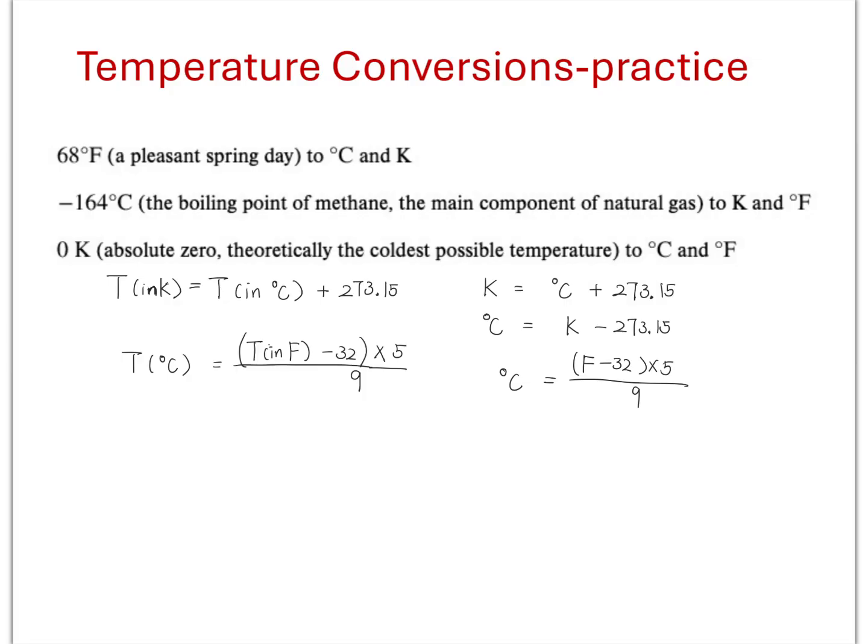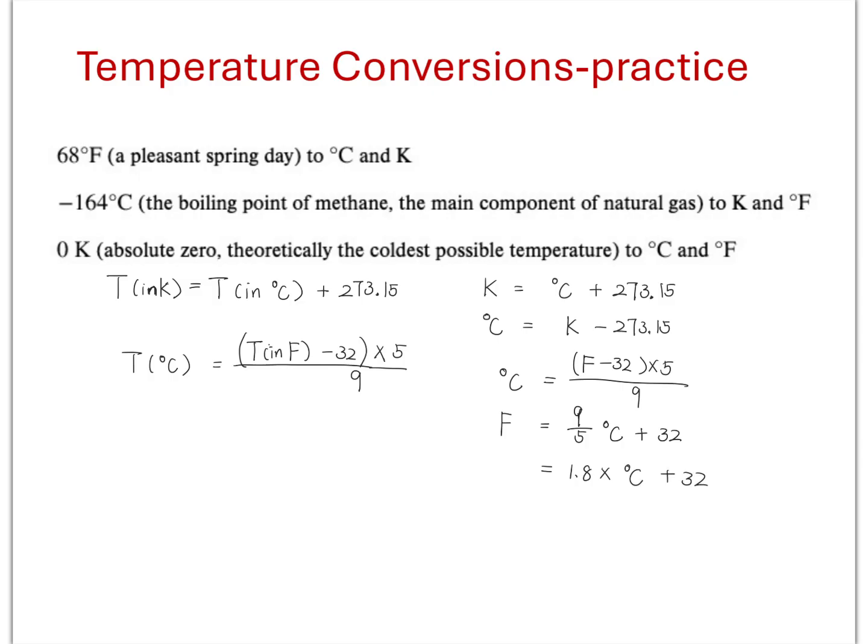If you do the reverse, if you want to know the Fahrenheit, then you have 9 divided by 5 times the number in Celsius, plus 32. A lot of the time you will also see people say 1.8 times the number in Celsius plus 32.